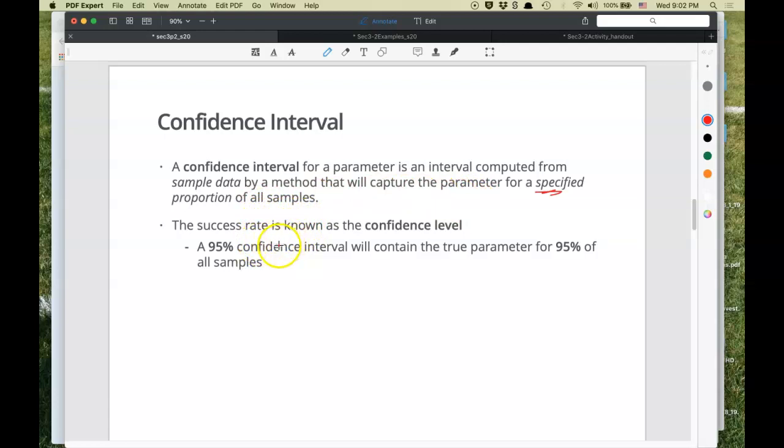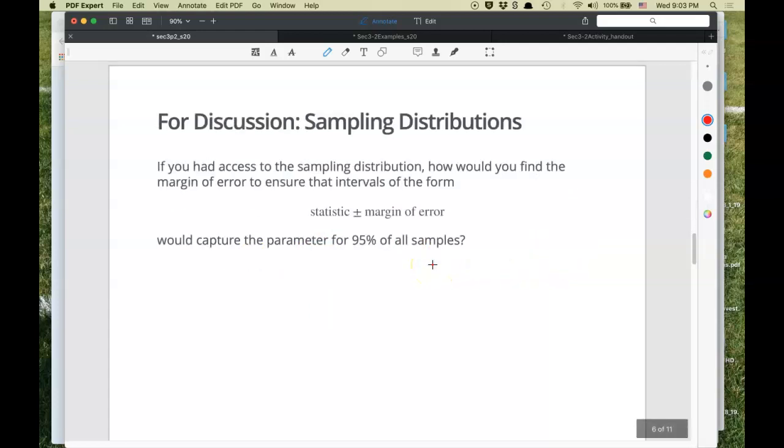So the success rate is known as the confidence level. A 95% confidence interval will contain the true parameter 95% of the time, as we saw in the picture. So then the question is, if you had access to the sampling distribution, how would you find the margin of error to ensure that you had 95%? Well, let's think about our sampling distribution. If it were bell curve like the ones we've been seeing, it's going to be centered at the true parameter.